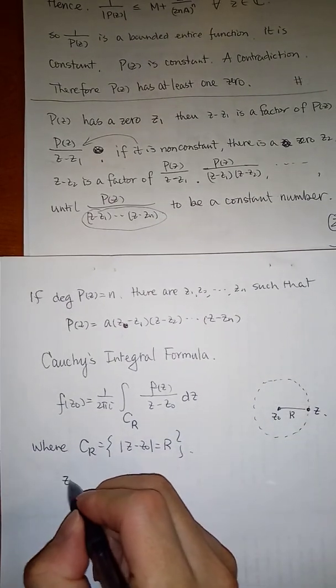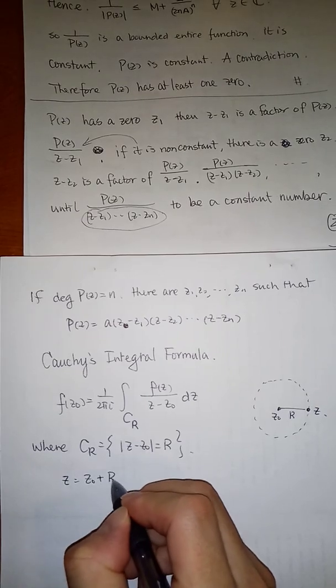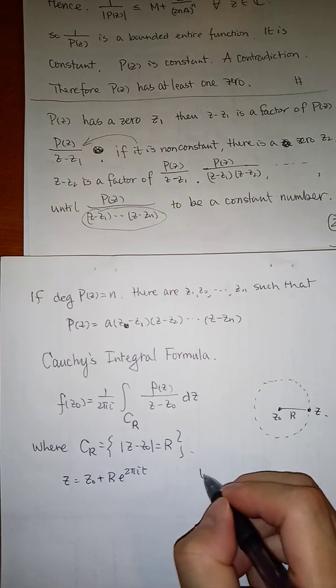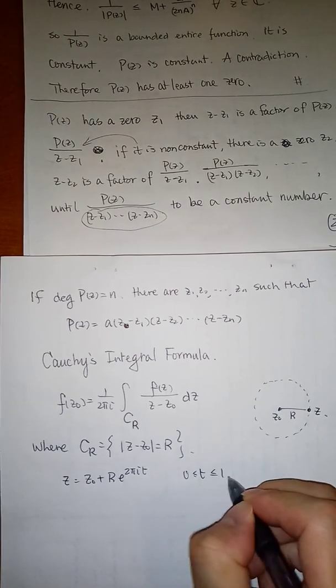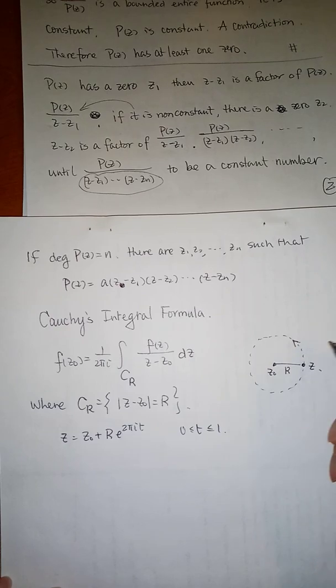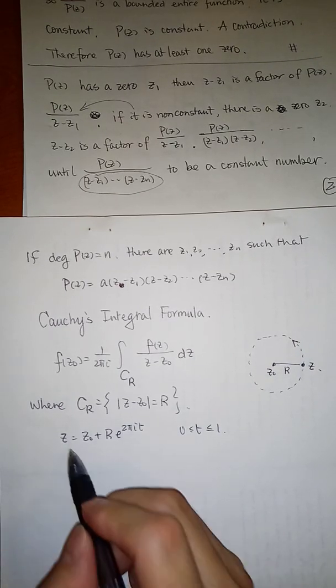So here z is z0 plus r e^(2 pi i t), where t is between 0 and 1. We must mention this orientation: it has to be counterclockwise.